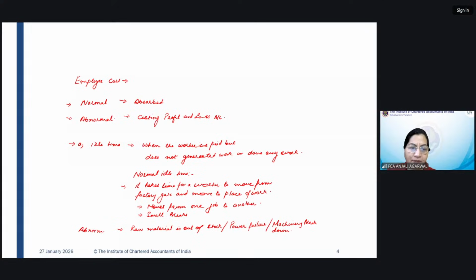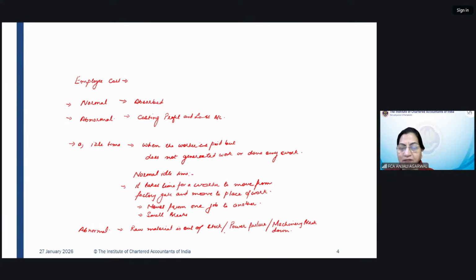This should not happen. Another way of classifying this is controllable and non-controllable. Normal idle time is non-controllable: moving from one job to another, or taking small breaks, cannot be controlled. But abnormal can be controllable and it can be uncontrollable also. If the raw material is out of stock, it is controllable.